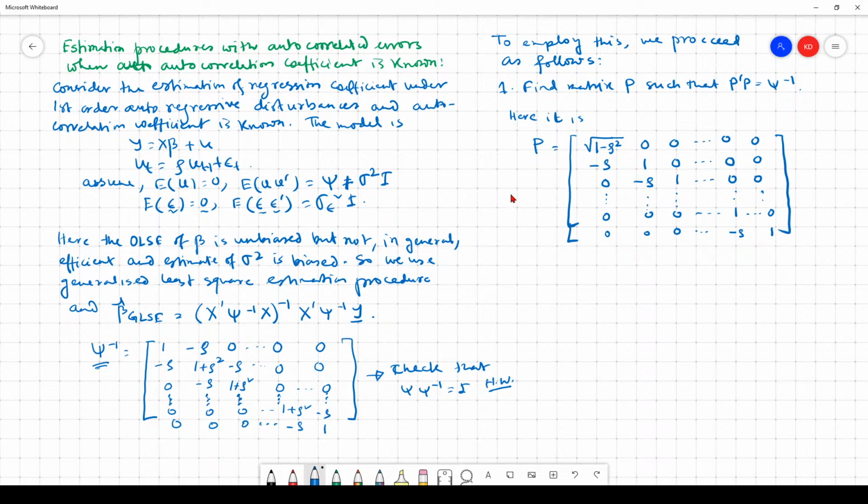Now we have step 1, now step 2. Transform the variables as y star equals Py, X star equals PX, and epsilon star equals P epsilon.